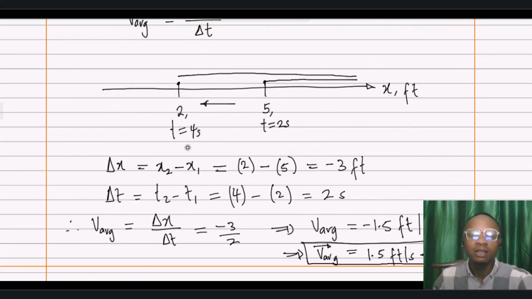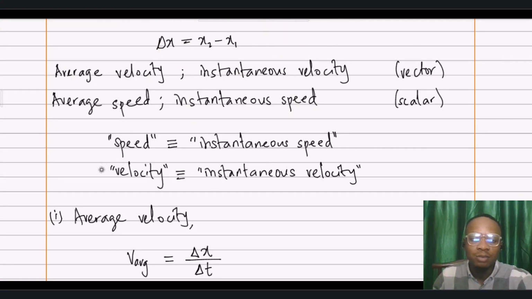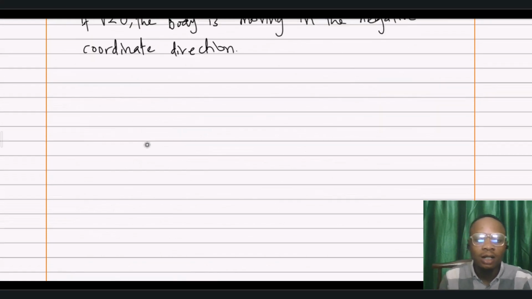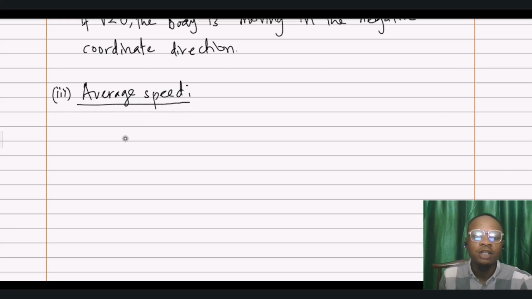Okay, so now let us go ahead and discuss speed very quickly. In the case of speed, that will be Roman numeral 3. Let us also start with average speed. How do we denote speed now? Let's try to invent some expression for speed.